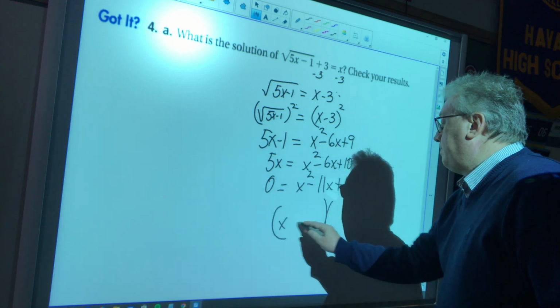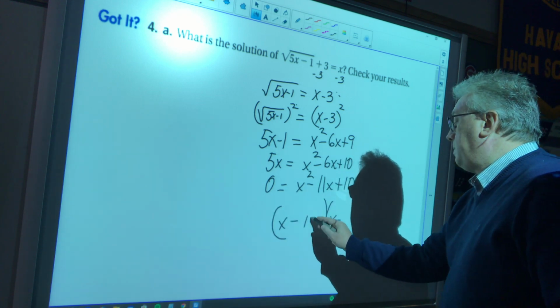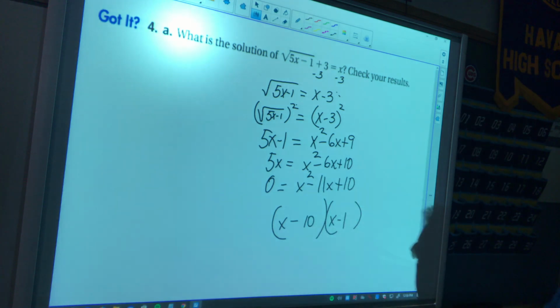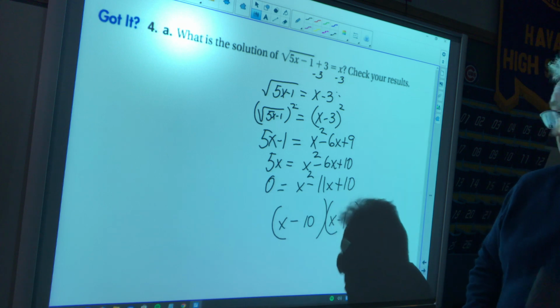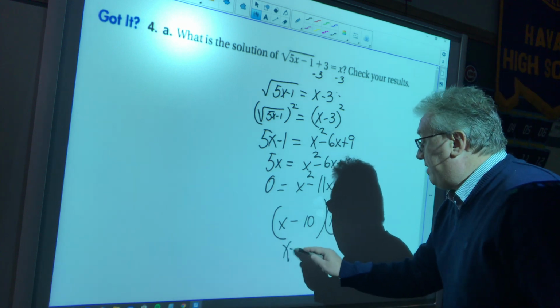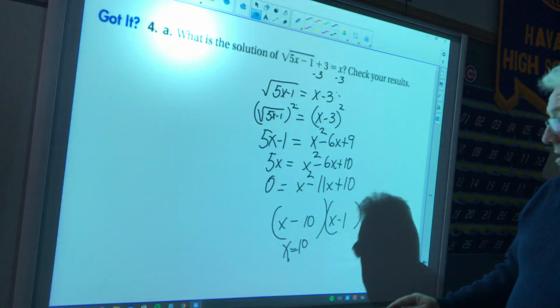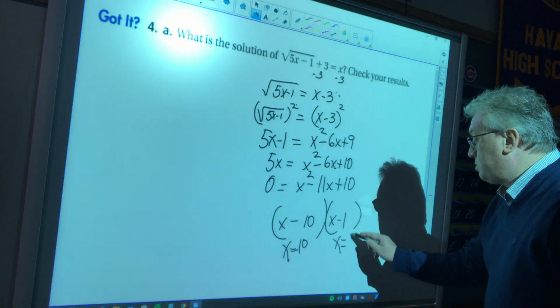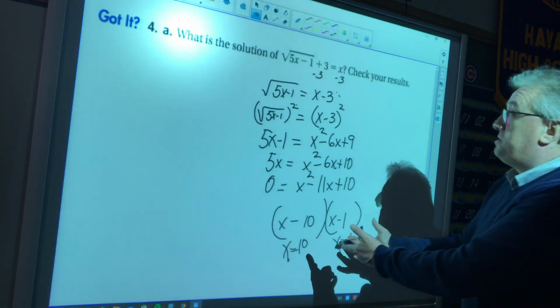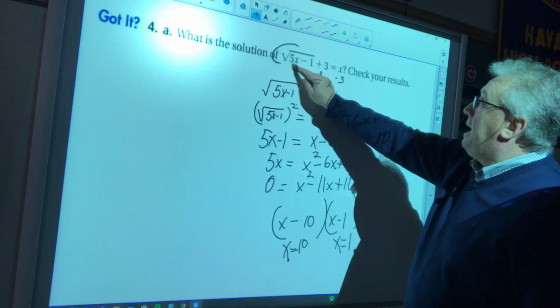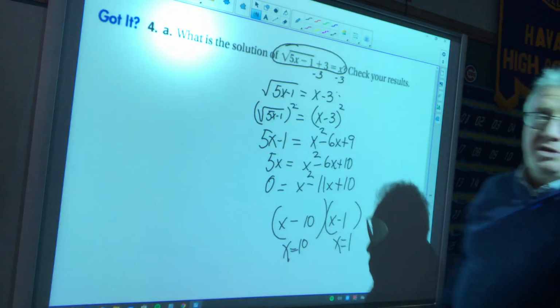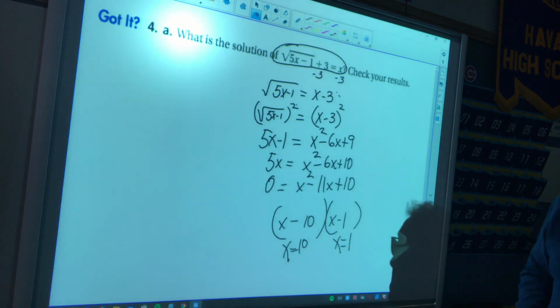Factor it. Okay? And then what I want you to do here, we have x equals 10. Here we have x equals 1. I want you to substitute those back in to the original equation and check yourself for an extraneous solution.